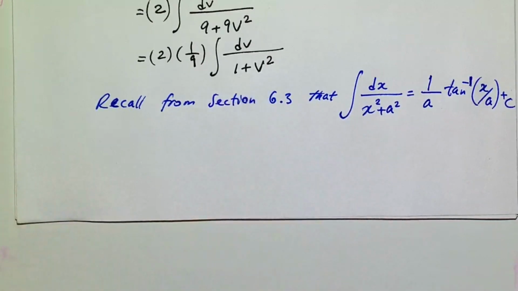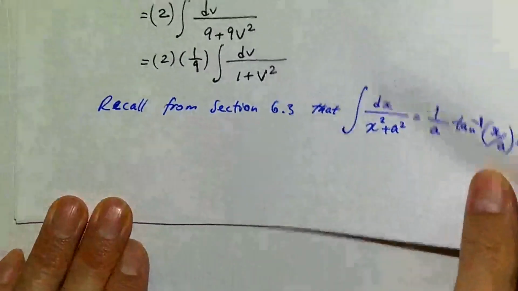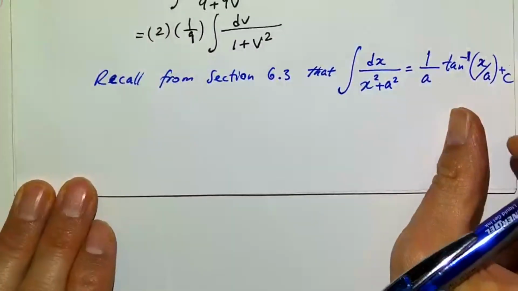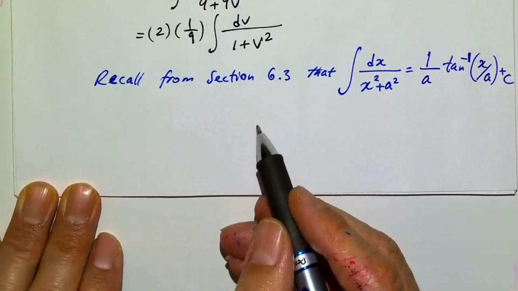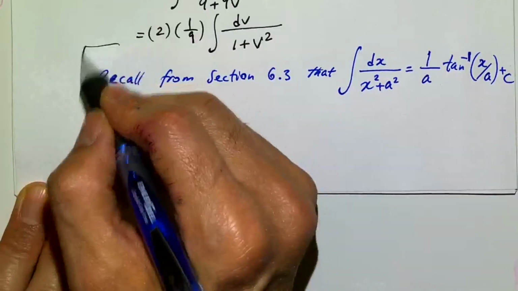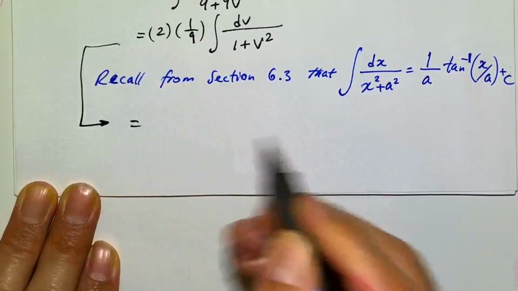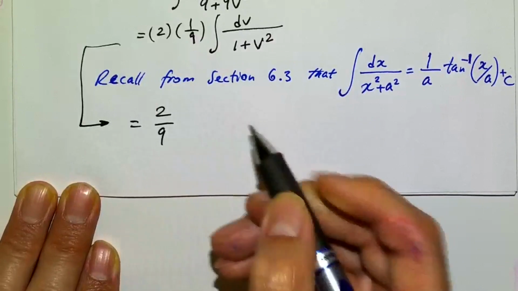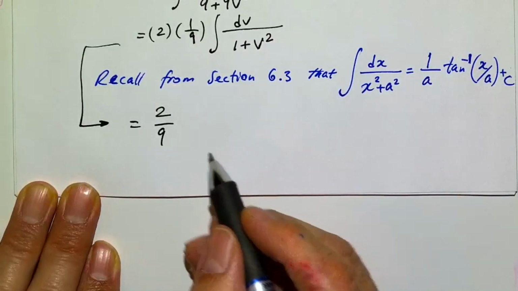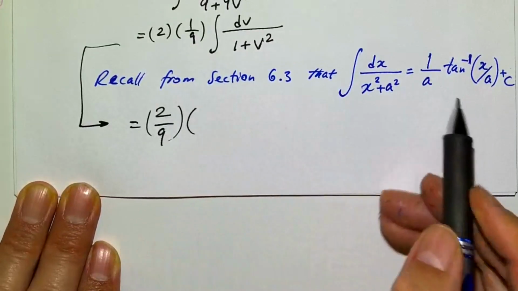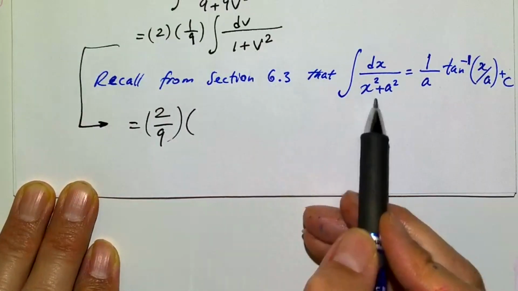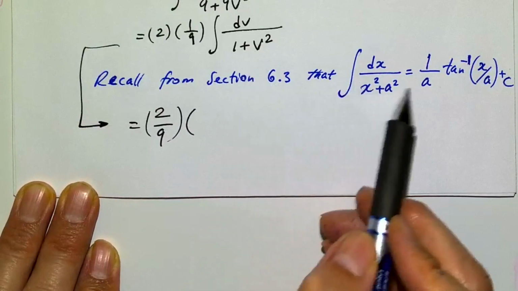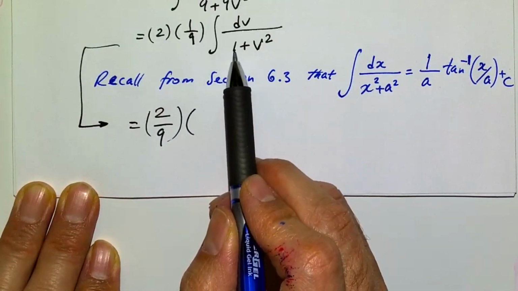So what do we get? From that we have 2 over 9 times, in our case, this is the variable v squared, right? A squared is just 1 squared or 1.